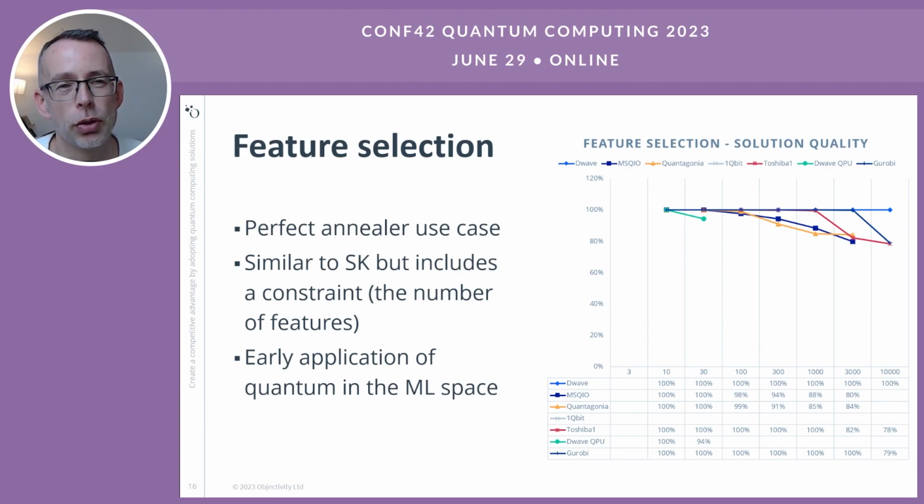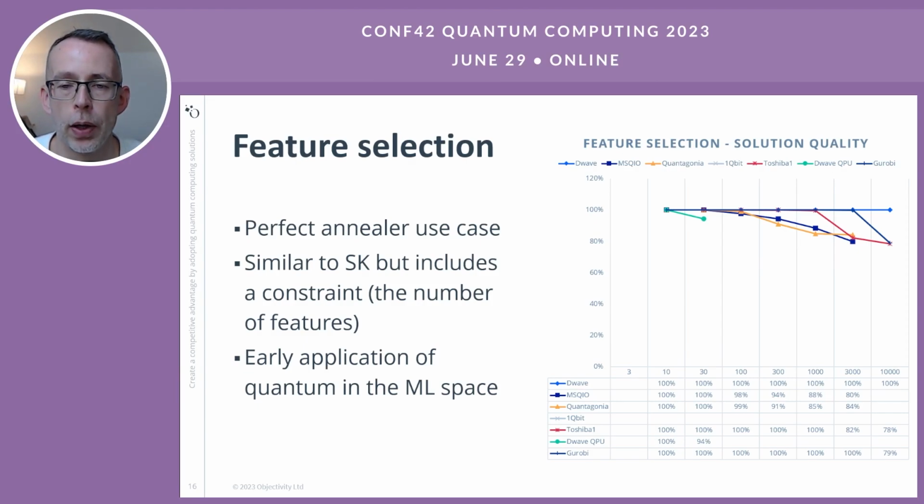The D-Wave cloud service, which combines the QPU with classical computing resources, performs really well across the board. MSQIO and Quantagonia start to drop off at the larger sizes of 300, 3,000 features. 1 qubit we weren't able to run.